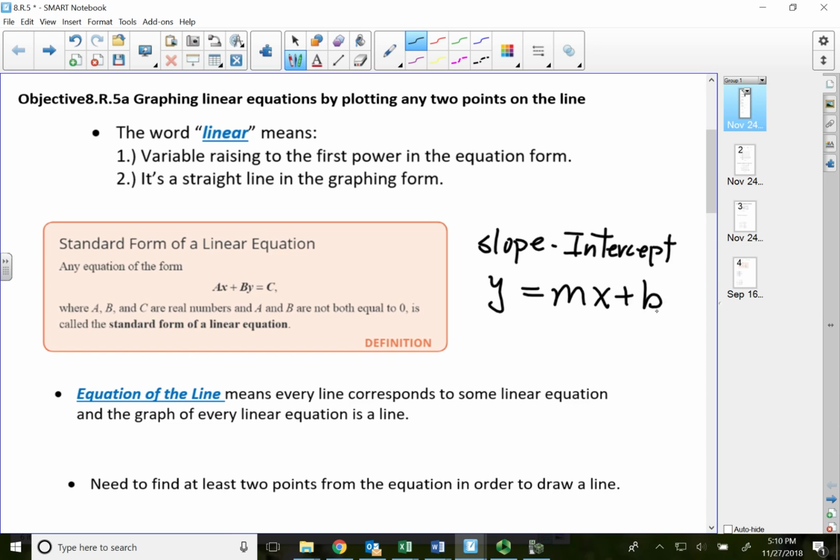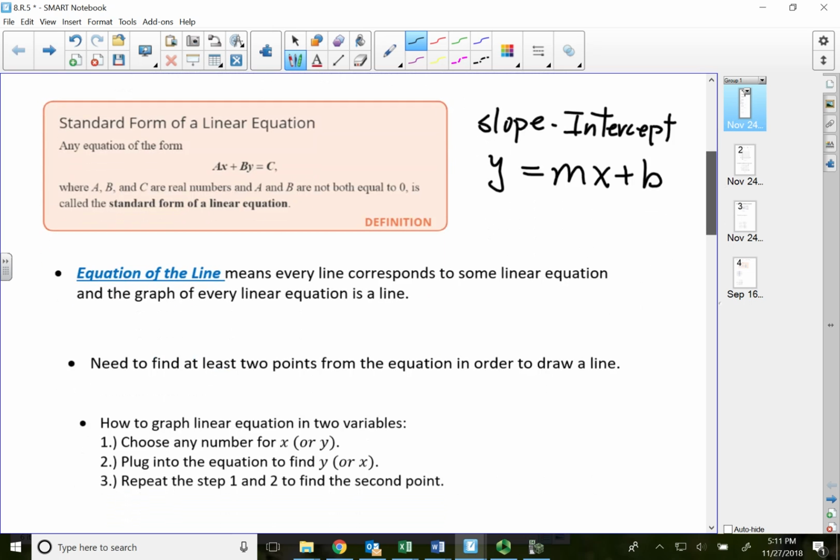I will talk about this form more in detail in section 8.6, integrated review. So in this form, the variable y is by itself. In a minute, when I show you how to find the 2 points, I do want you to realize that there are two different forms we'll be looking at.